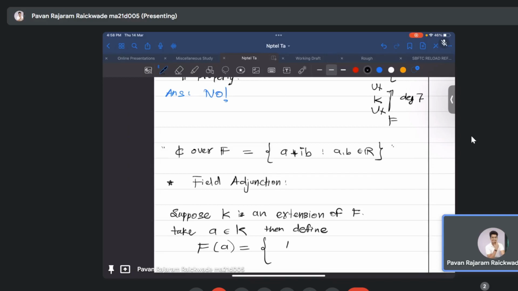How do I write it? P(a) divided by Q(a), where P, Q belong to F[x], and Q(a) is non-zero.